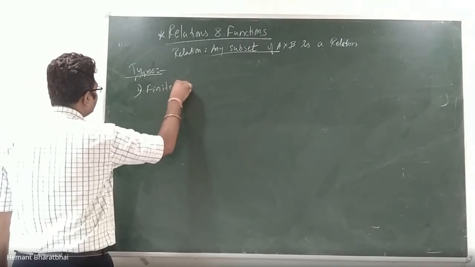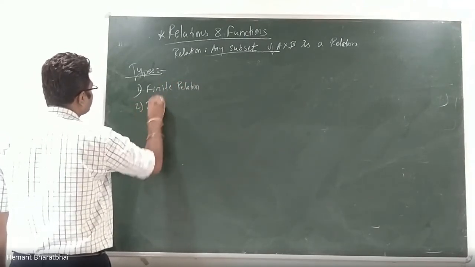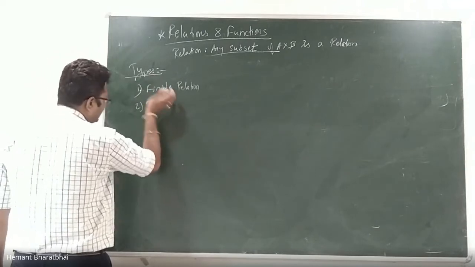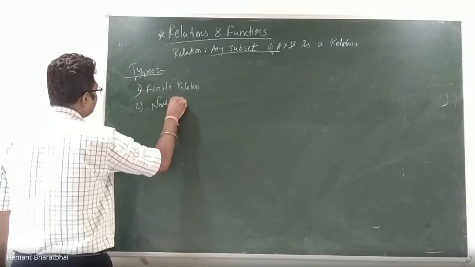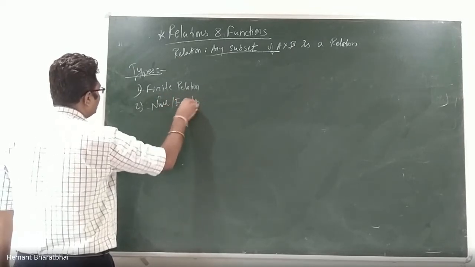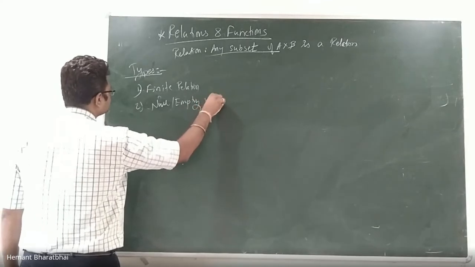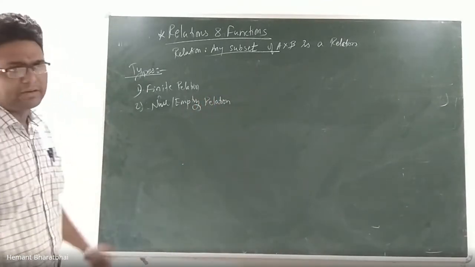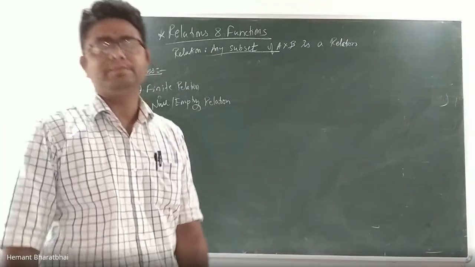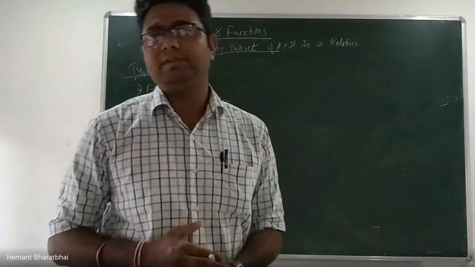Finite relation, because there was a finite set. Infinite. Then we can have a null or empty relation because there we had an empty set also. Then we can have equivalent relations also, and equal relations also.